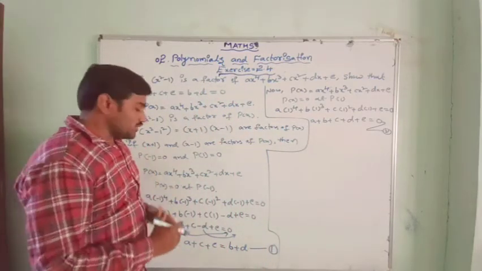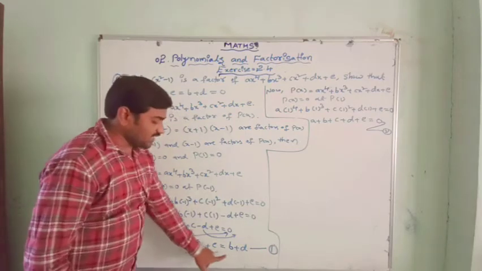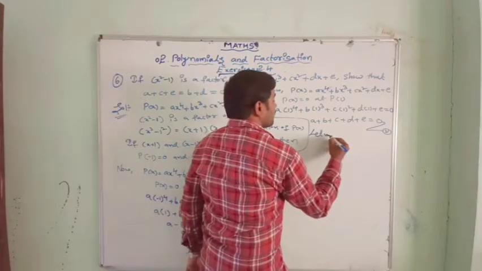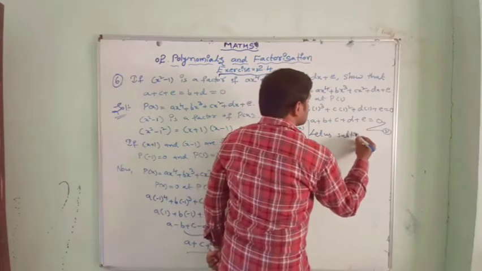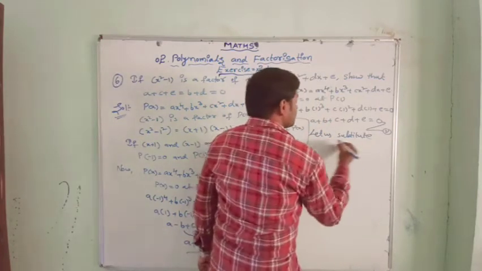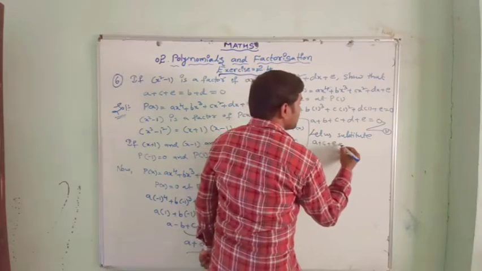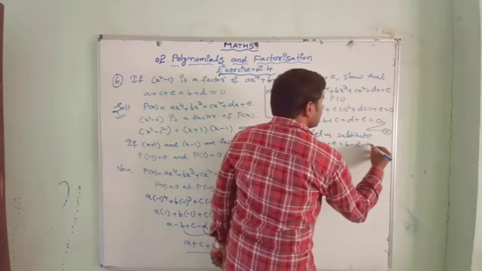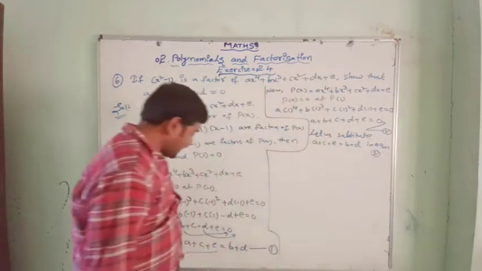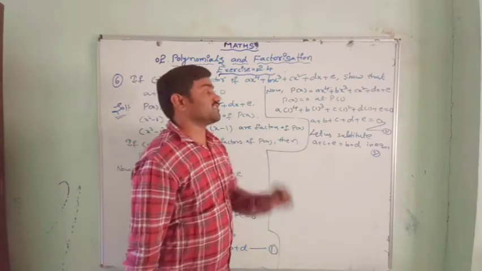So what we have to do is, see that equation number 1 value, that means a plus c plus e equal to b plus d. So let us substitute equation number 1, a plus c plus e equal to b plus d, in equation number 2. That means this a plus c plus e value, that is b plus d, we are going to substitute in this equation number 2.